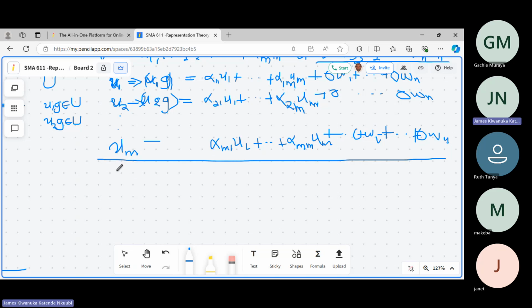The next set of basis vectors now starts from W. Now these ones, W1 is normally supposed to be sent under that linear map to W1G.